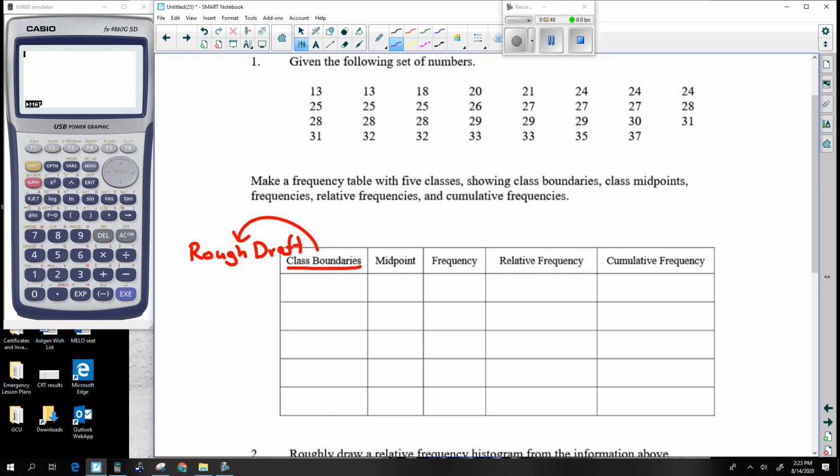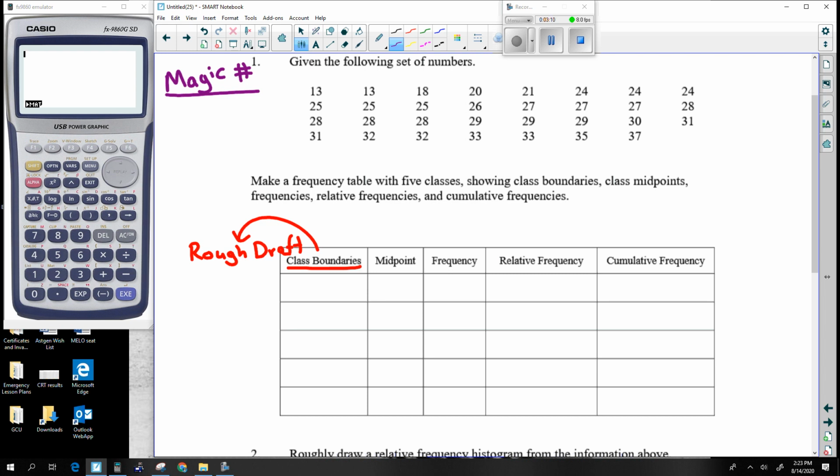To make this rough draft, what I'm going to first do is create what I call the magic number. To find the magic number, what I do is I find the range that I have to cover.